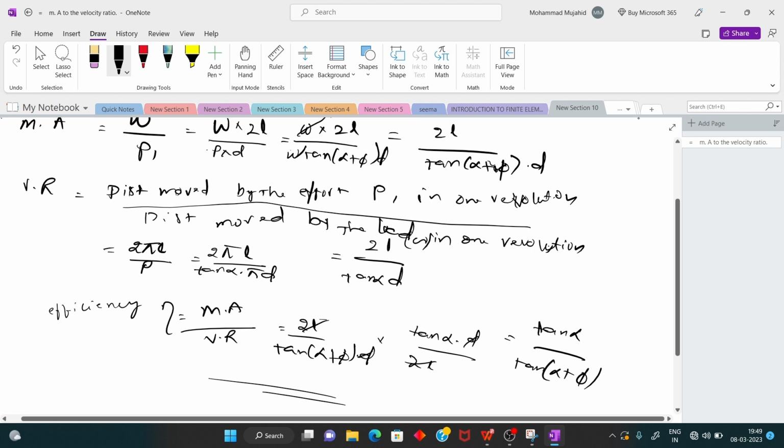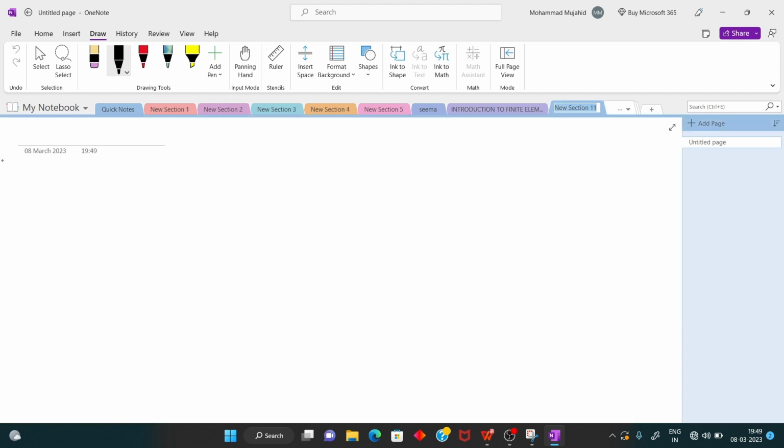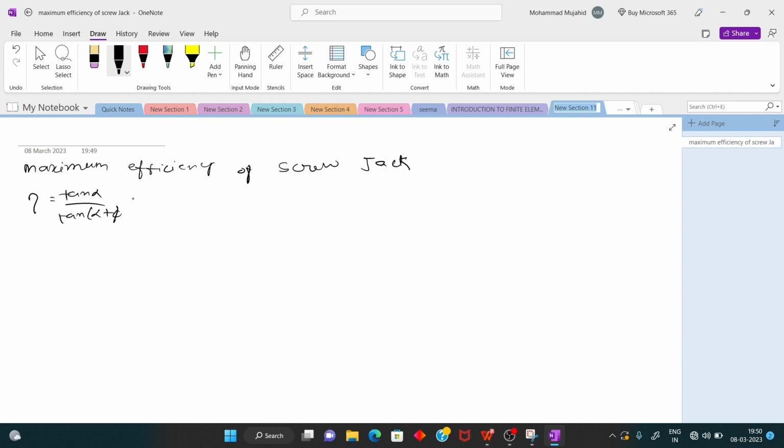And now, the maximum efficiency of the screw jack. As we had solved, efficiency equals tan alpha by tan of alpha plus phi.